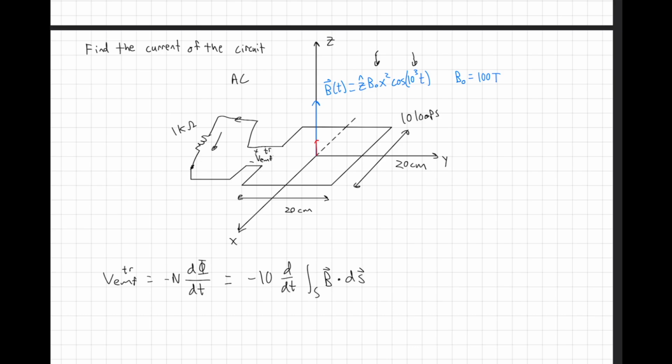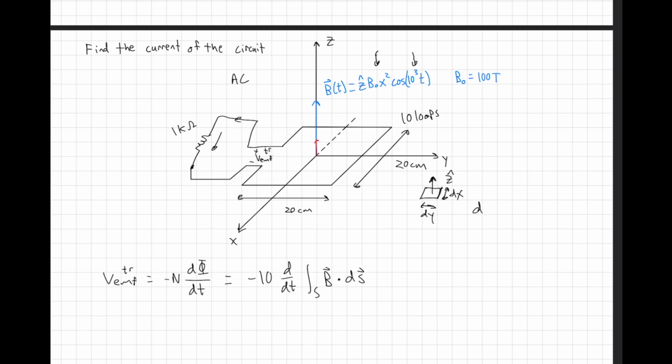And let's talk about what our dS vector is first. We have a differential area that the magnetic field is going through. It's going to be a square, and its direction, the normal direction, is z hat, and it has a width in this direction of a differential y, dy, and a width in this direction, dx.